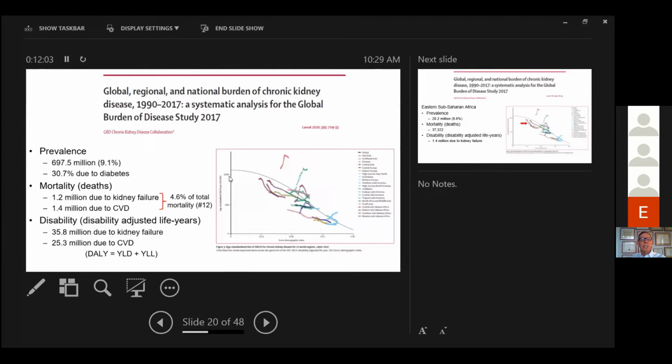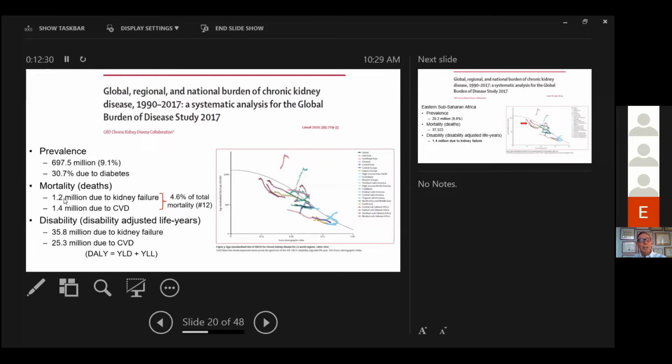Now, The Lancet published a study from the Global Burden of Disease based on their 2017 data. This was published in 2020, and they applied these definitions worldwide and concluded that the prevalence of CKD is almost 700 million, representing 9.1% of the world's population, with 31% due to diabetes.